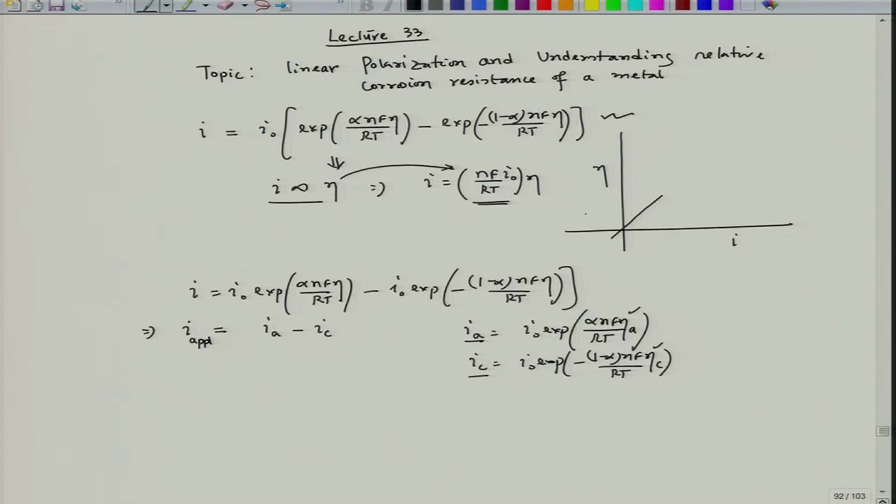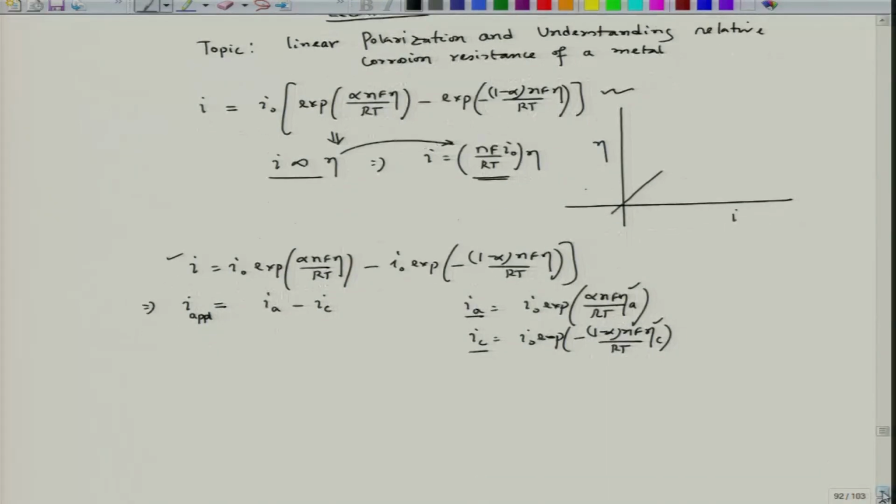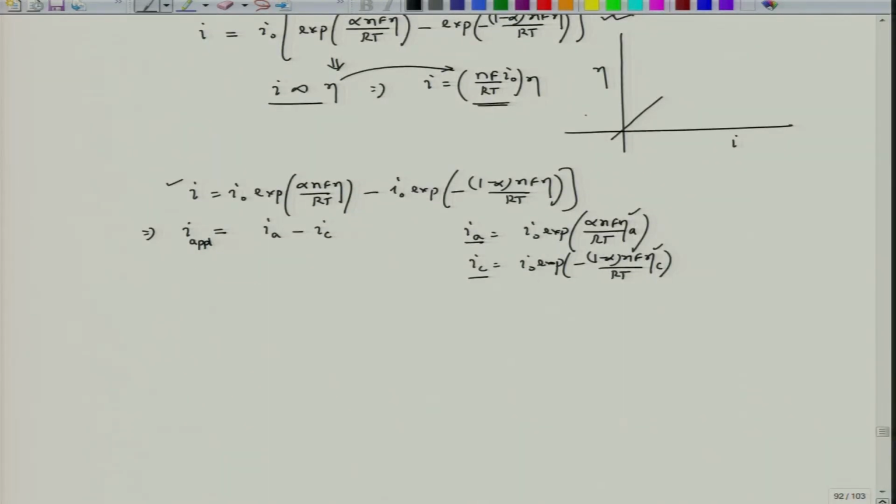Now, if I try to plot this equation, not in the log scale of I but rather absolute I with reference to over voltage, then the plot would be like this. This is I positive, this is I negative.